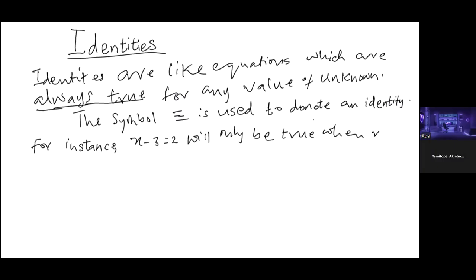Hence, x minus 3 equals 2 is not an identity.